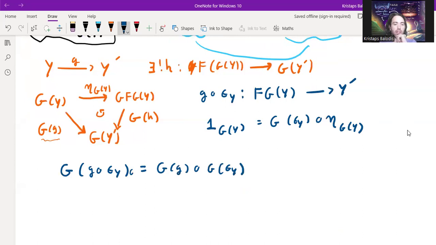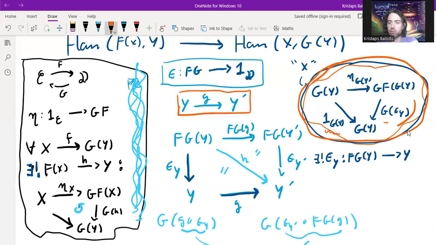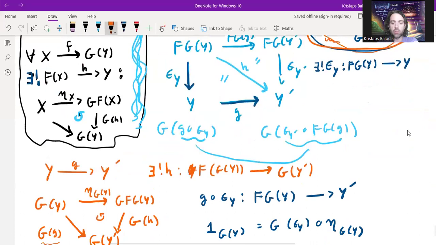Sorry. And here I'm going to squish in, sorry, here should be G sub y, right? Because basically what I'm doing, I'm looking back at this diagram up here. And I want, right, G of my composition is basically, I'm going to show that this arrow makes the diagram commute. So I want to show that after composing with this, I get the identity on Gy.